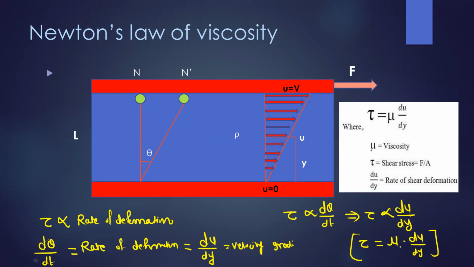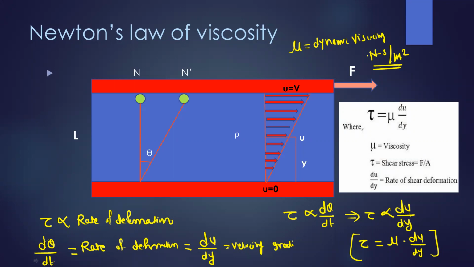Okay, so this coefficient of viscosity is called the dynamic viscosity, mu. And its unit is Newton second per meter square. Okay, so this is the SI unit for the dynamic viscosity.